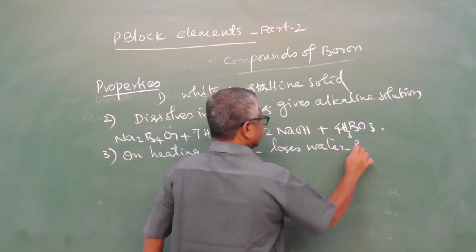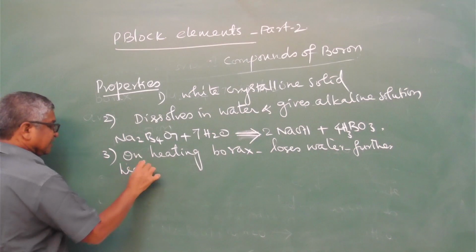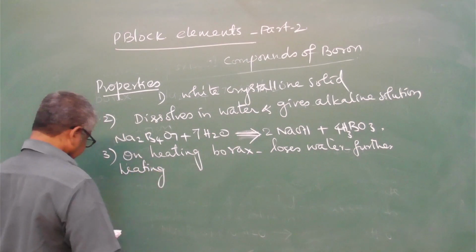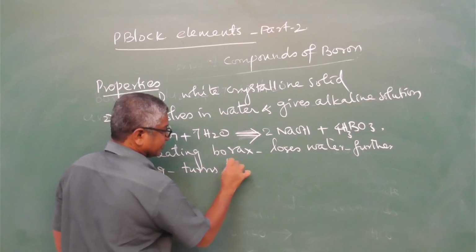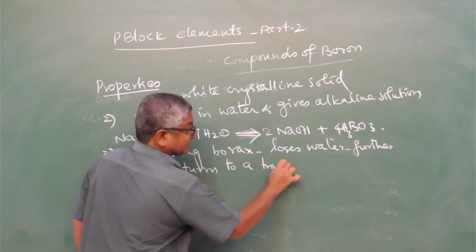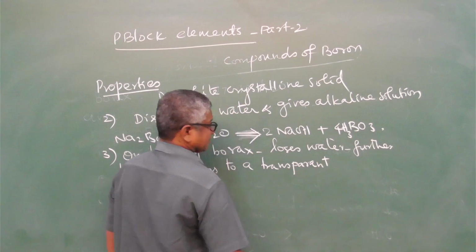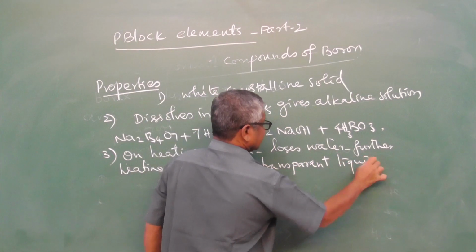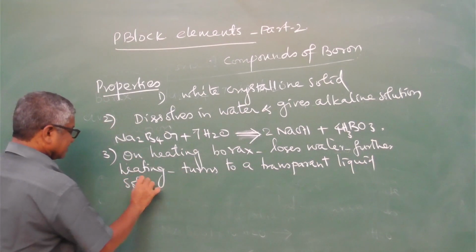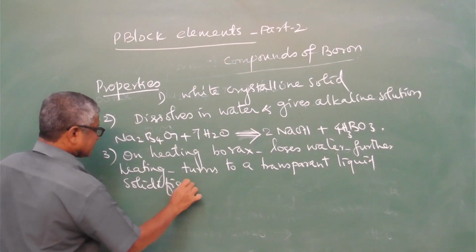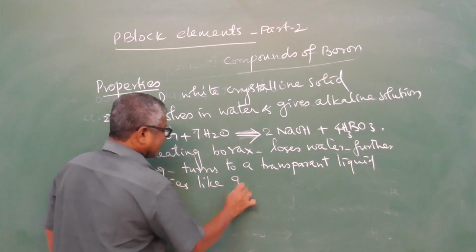Further heating turns it to a transparent liquid, and if the transparent liquid solidifies, it is like glass material.